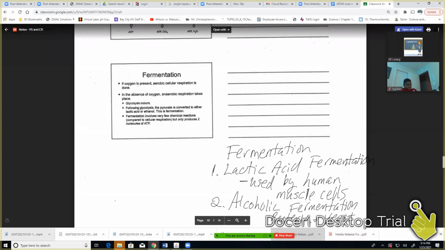It says number 2, alcoholic fermentation. Could y'all read that? And then under it, I just put bacteria and yeast.